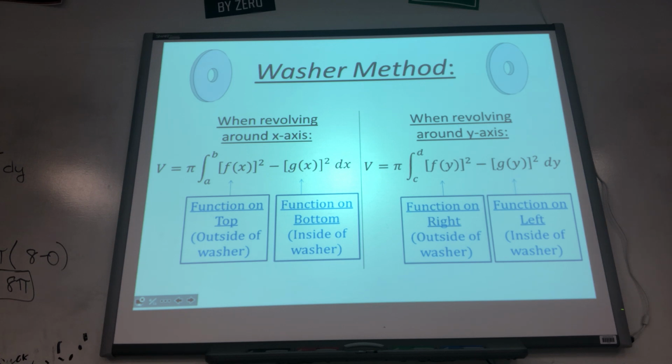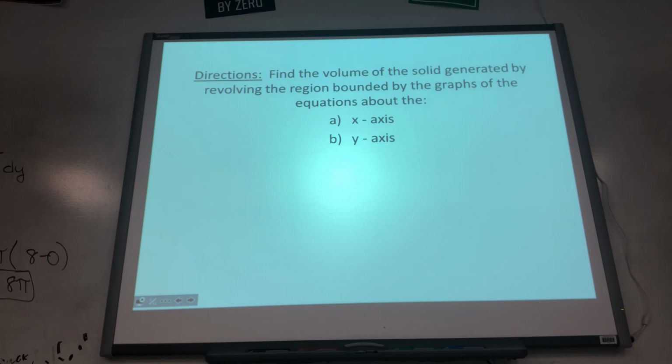So I'll put the directions up here. It's kind of in a couple parts, so I'll give you a second to write that down. Again, it's not telling you which method to use. We'll have to decide for ourselves what we're going to go with.